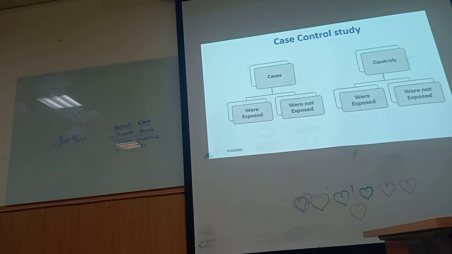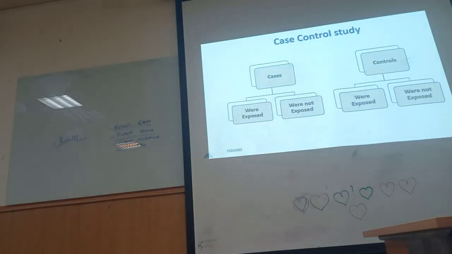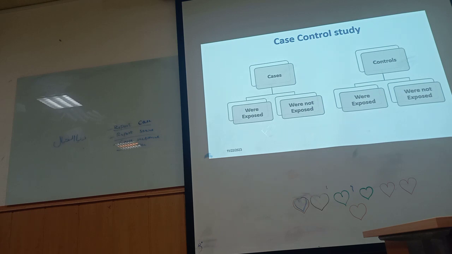But in the case control study, we do not have a lot of money. We cannot wait for, let's say, 10, 20 years to see if the disease develops or not. So, we have an alternative design as case control study. We can go to the hospital and select some cases, for example, some breast cancer cases, and select some controls.